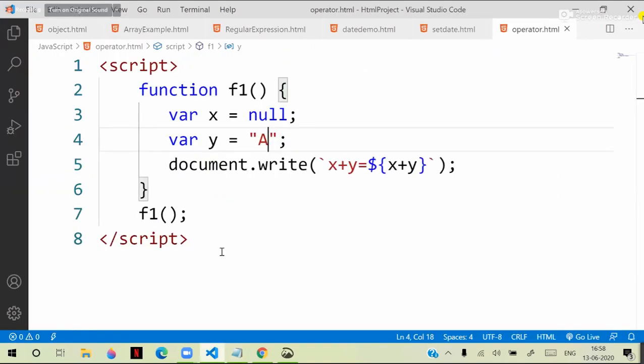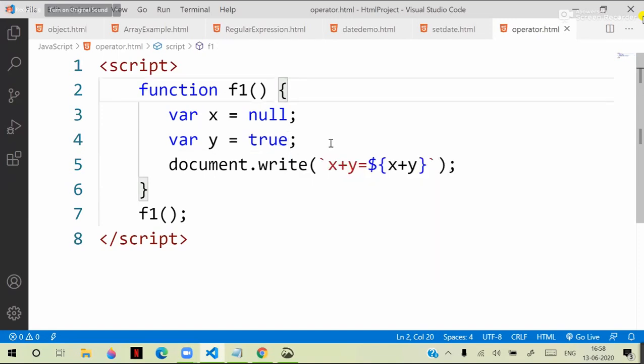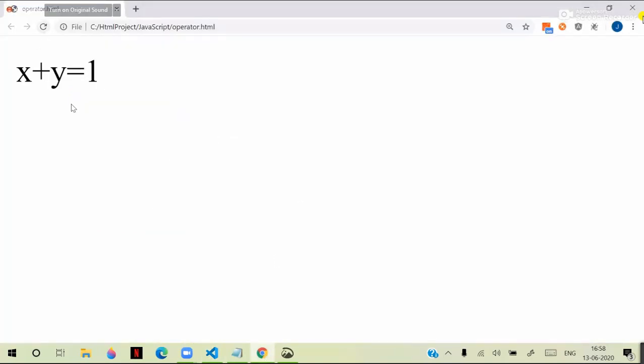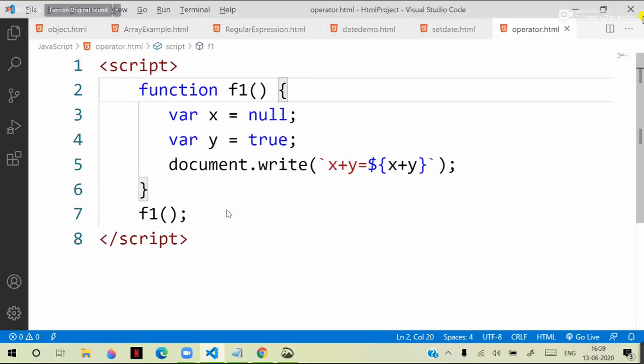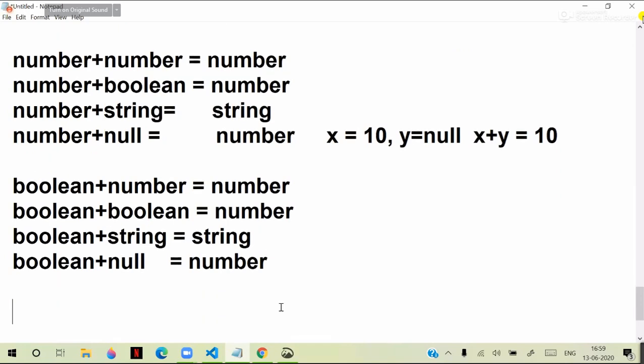So here, if I say true plus null, tell me what is the result now? True and null, and you can see now it returns 1. I hope everyone understood. It returns a number because it is a number type. For example, null plus null, what will it return?